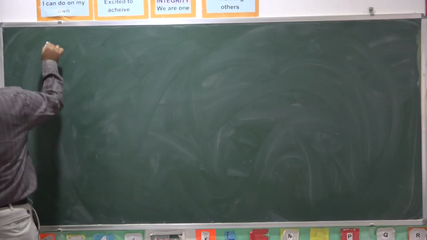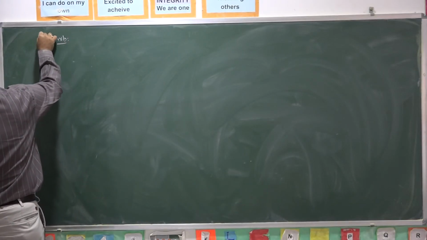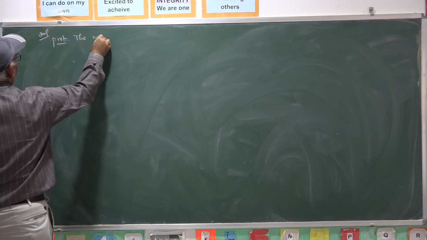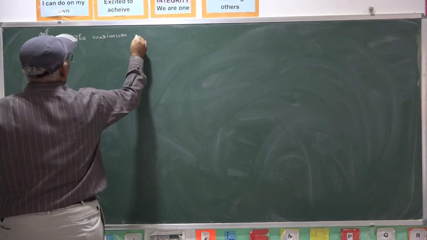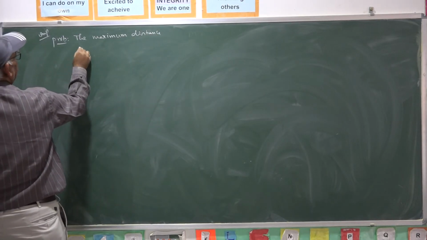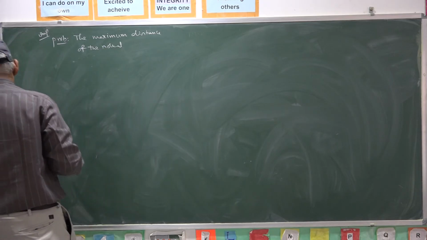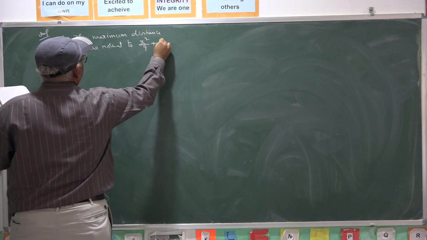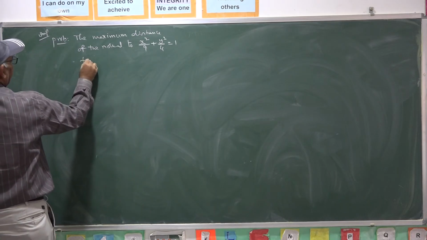Next, this is one important problem. The maximum distance of the normal to the ellipse, of course x square by 9 plus y square by 4 equal to 1, from its center is.